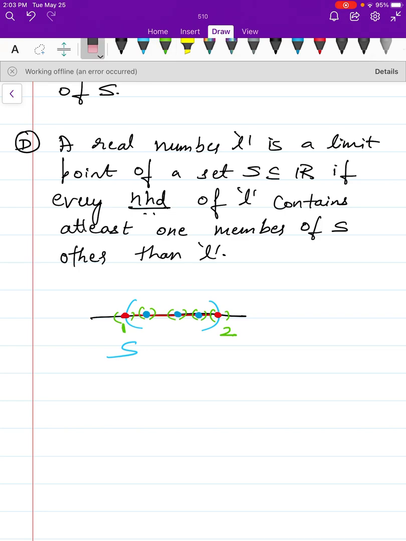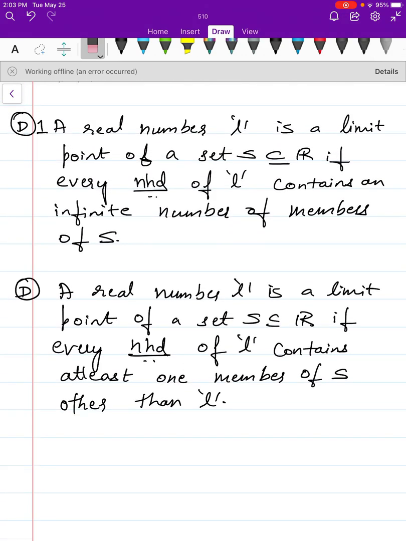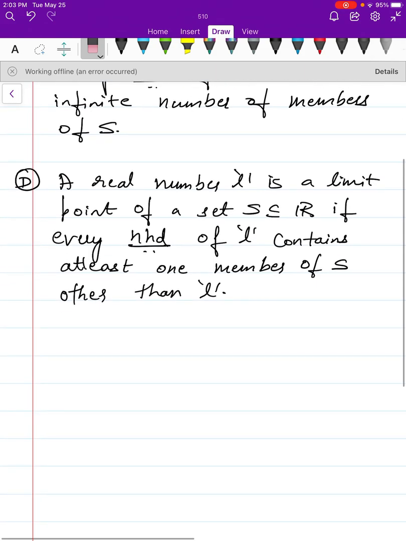So the question now is, how does the second definition imply the first? The first definition says the neighborhood should contain an infinite number of members of S. This is a stronger condition, but the second says it is enough if it has at least one member of S other than the point L. Correct?